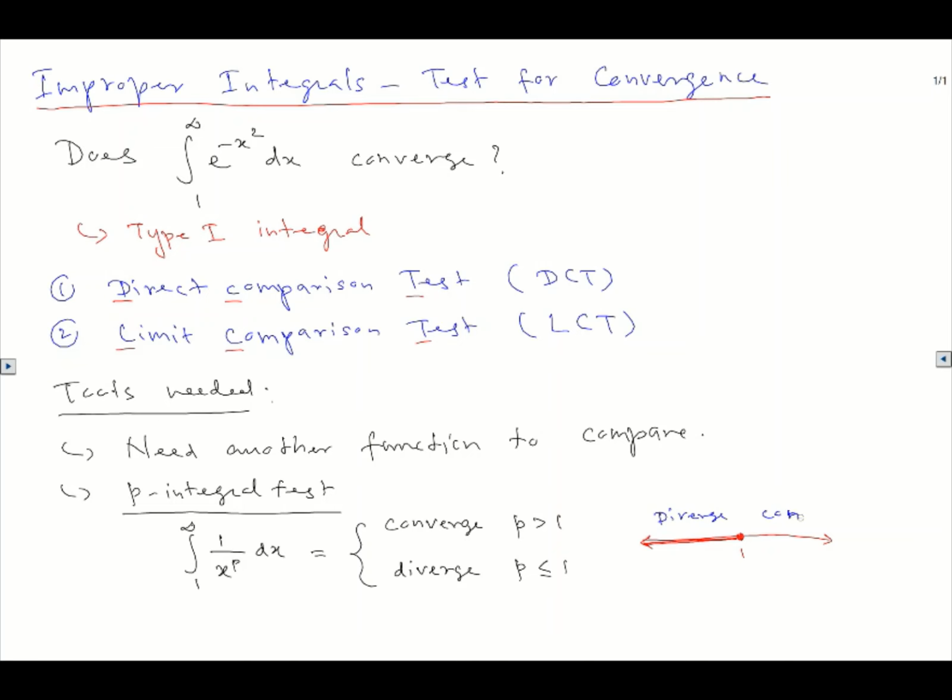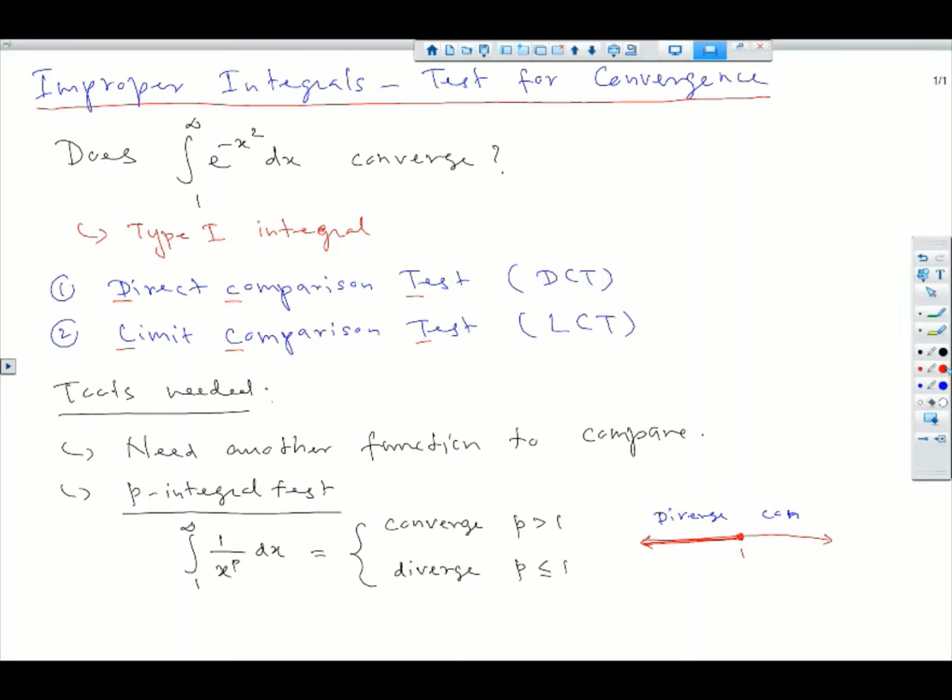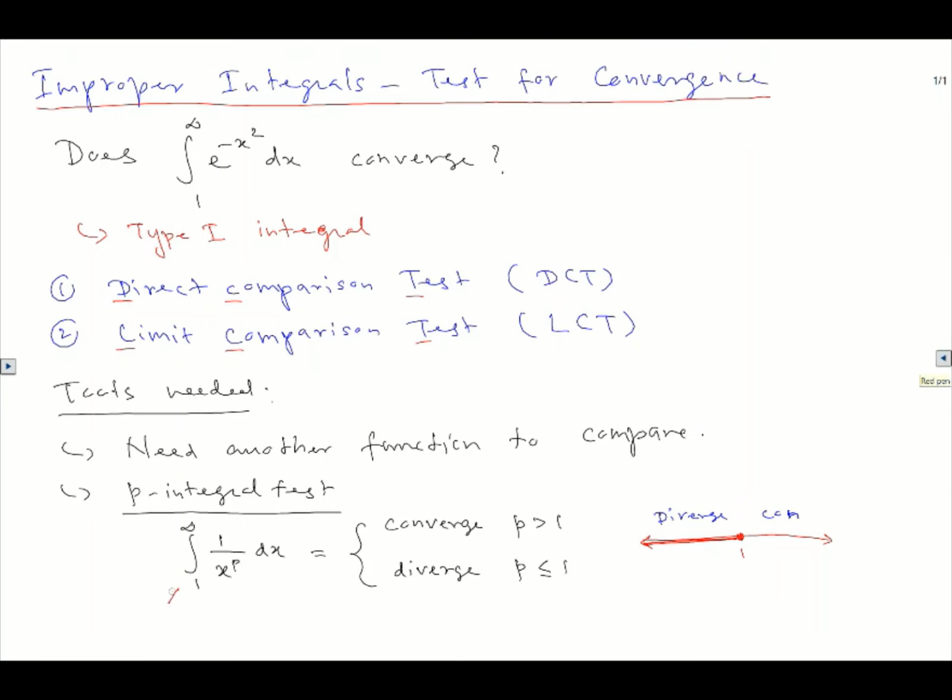We can remember this result also. And there are certain other things you can remember. For example, this p need not be 1. It can be any positive number, not just an integer, any positive number.